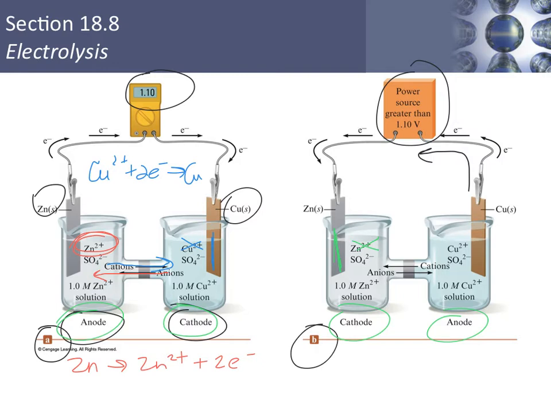And so the cations will be attracted to the sulfate ions that are over here in this compartment. And then on the anode side, we will be producing more of these copper 2+ ions, and so then the anions from the other compartment will be attracted to those positive ions.